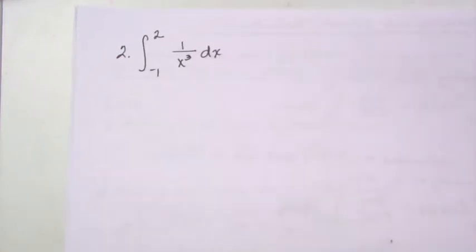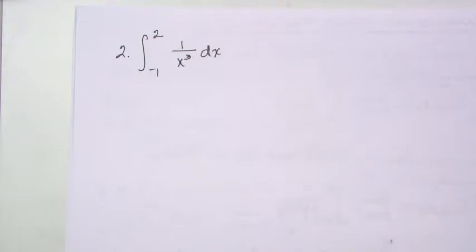This is the integral from negative 1 to 2 of 1 over x cubed. What's the issue there? At 0, that function is undefined, and 0 lies within your limits of integration, negative 1 to 2. So that's the second type of improper integral, and you have to be aware of that.